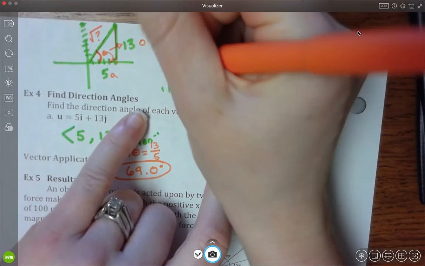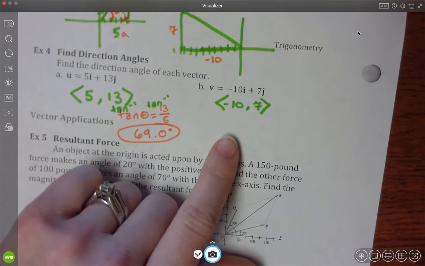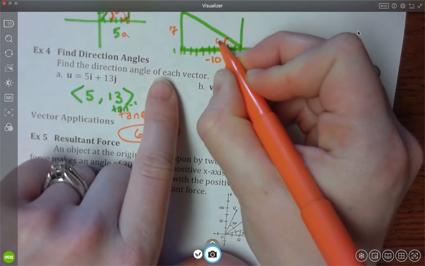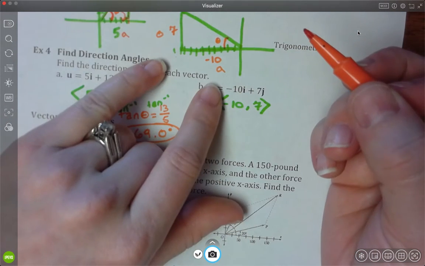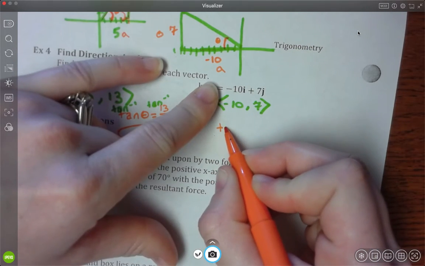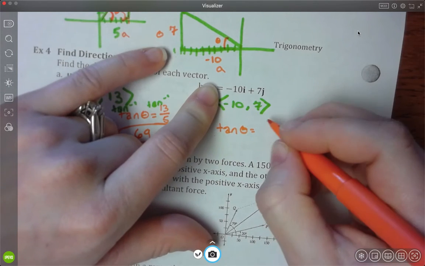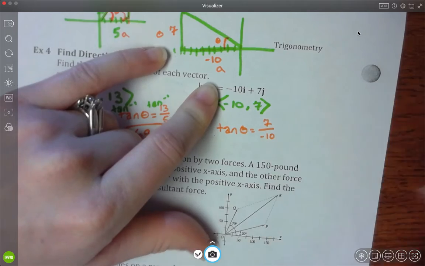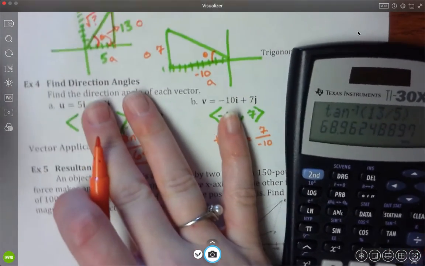And 7 up will look like this. Okay, now this one's going to be just slightly trickier, because if this is my angle theta, I still have opposite and adjacent, so I'm still going to use tangent, except if I do tangent of theta, I will end up with 7 over -10, and I'm going to type that in my calculator, but it's going to give me a funky answer, and we've really done problems like this before.